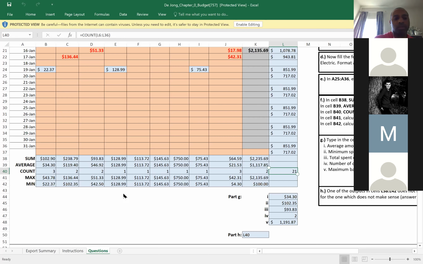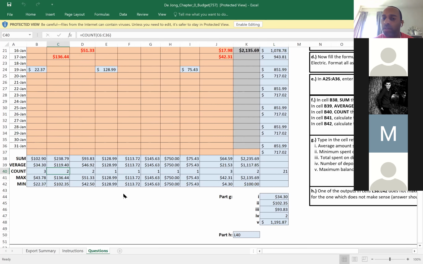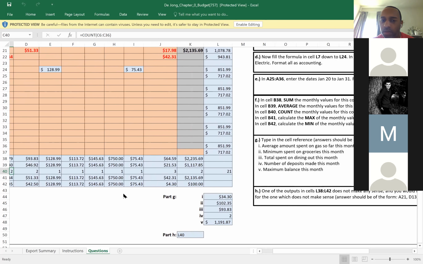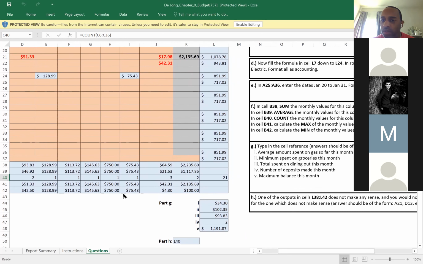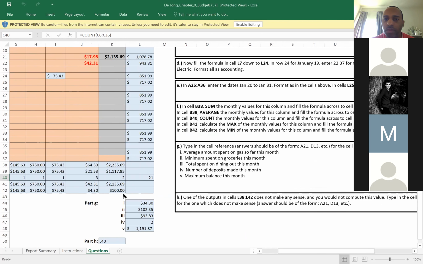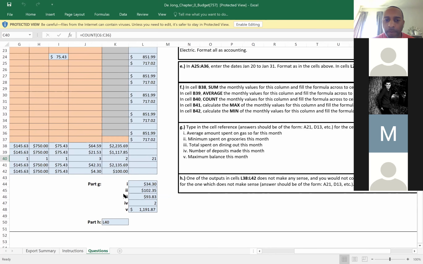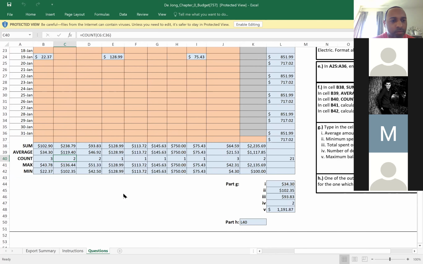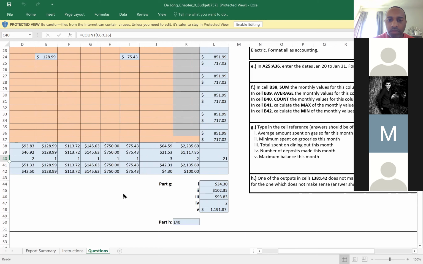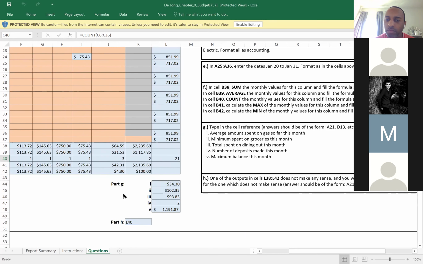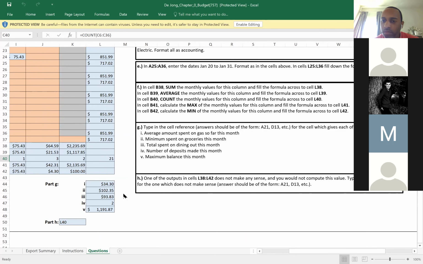I think it's supposed to be the number of. Let me see, go back. I'm looking through stuff. I'm actually not sure, because when I did this, I wasn't even sure where I got the 21 from, and then it confused me a little bit.